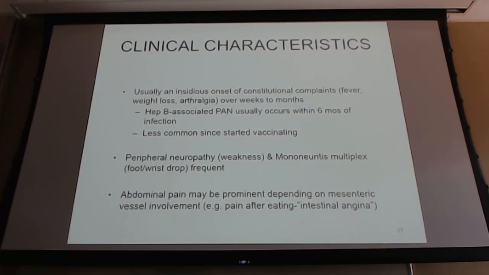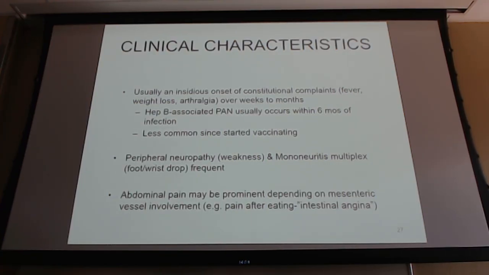Usually an insidious onset of constitutional complaints, so fever, weight loss, arthralgia over weeks to months. Again, Hep B is on there, occurring within 6 months of infection. So they had the Hep B, and within 6 months they start to have this PAN. Peripheral neuropathy, so weakness.